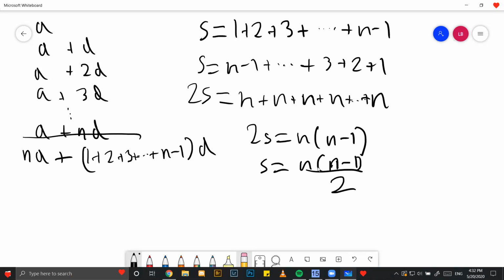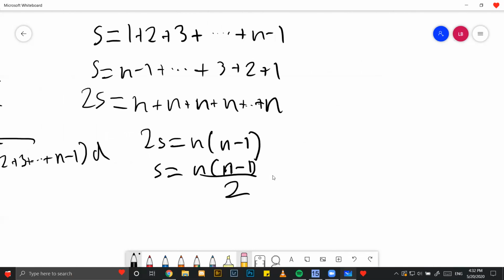One question: why is it that you're flipping the series? Okay, once you flip it, this is what you can do. One second. I think it'll make more sense if I show more terms. If I add n minus 2 plus n minus 1, I think it'll be easier to see. N minus 2 plus n minus 1 plus down to 3 plus 2 plus 1.